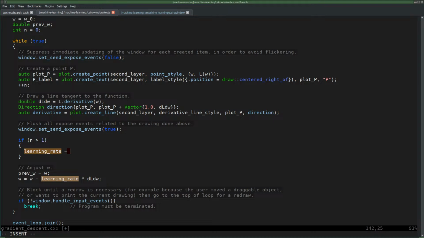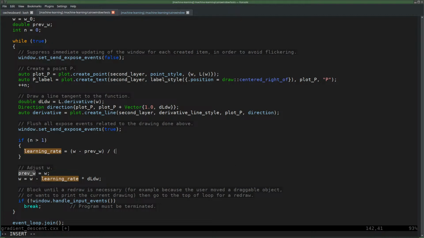Not much, but I think W minus previous W divided by the derivative, right?